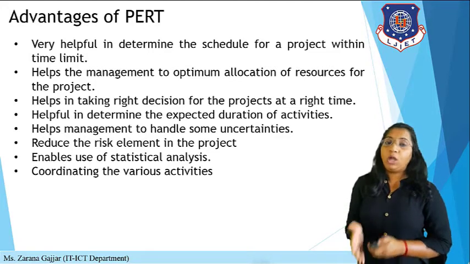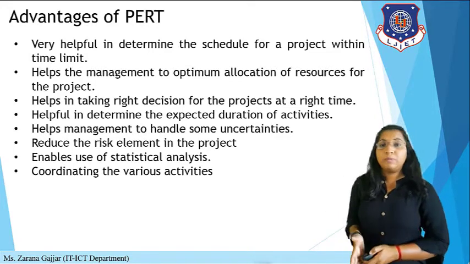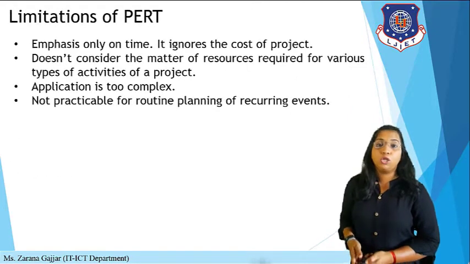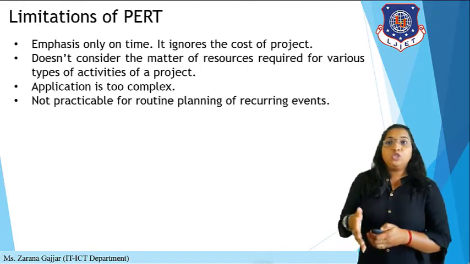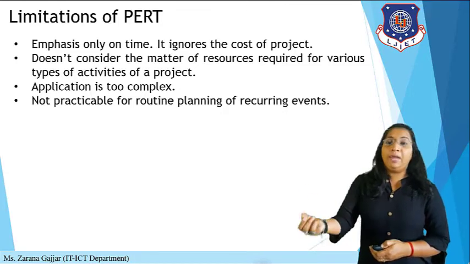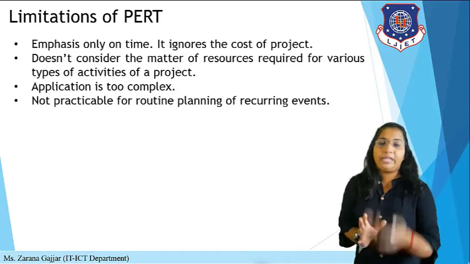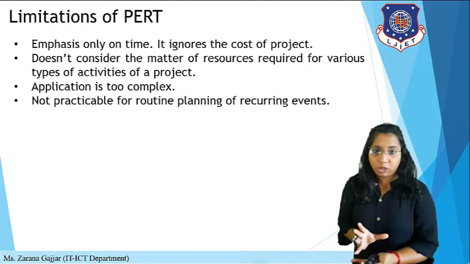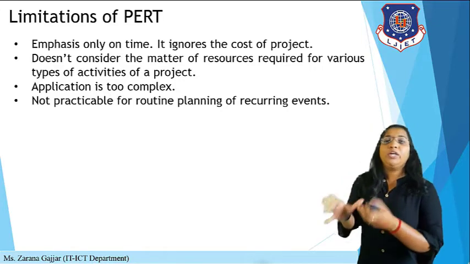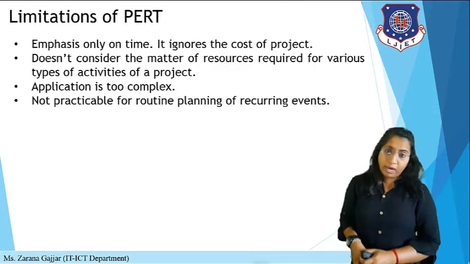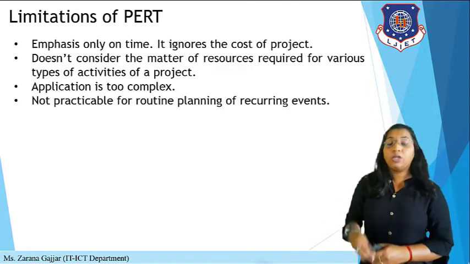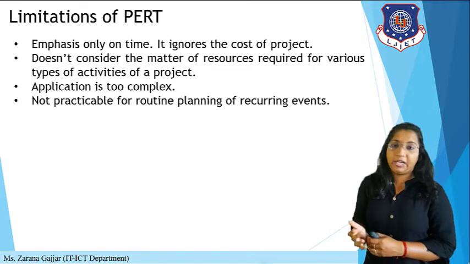Now we know that all things have some pros and cons, so similarly it has some limitations also. So what are those limitations? It emphasizes only time. As we discussed in the advantages, it will schedule a timeline and help you track all the times and deadlines, so it emphasizes only the timeline and ignores cost-related activity.